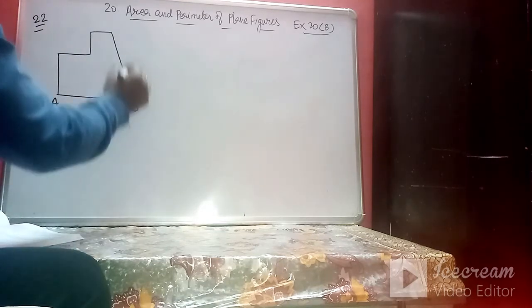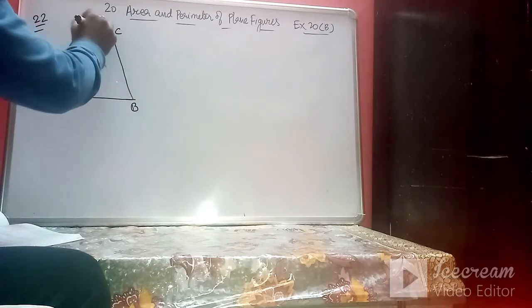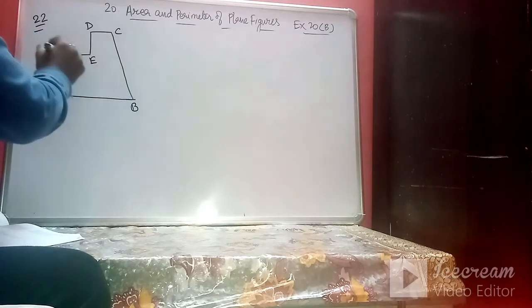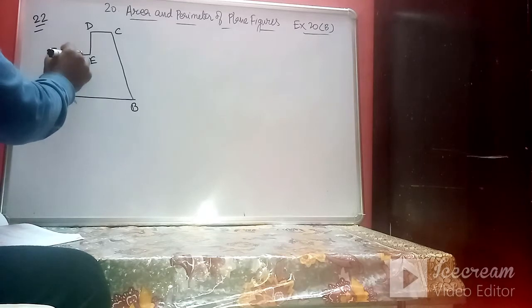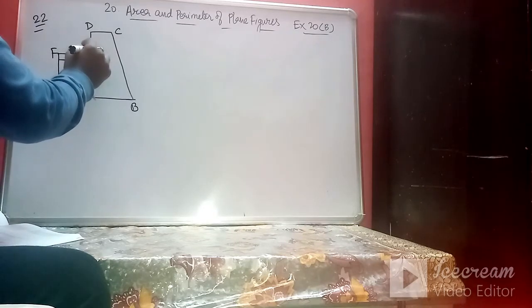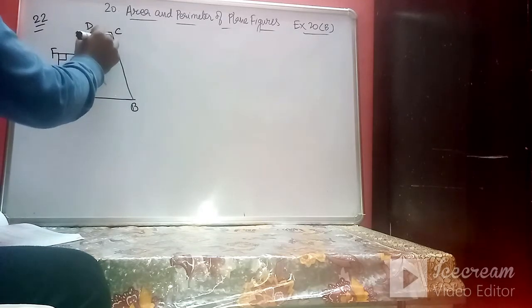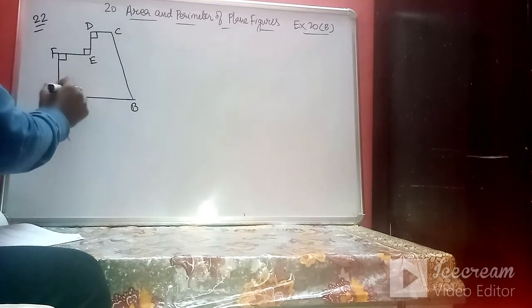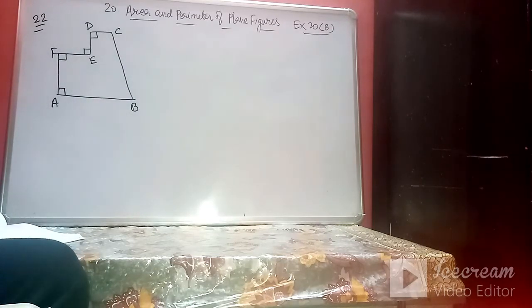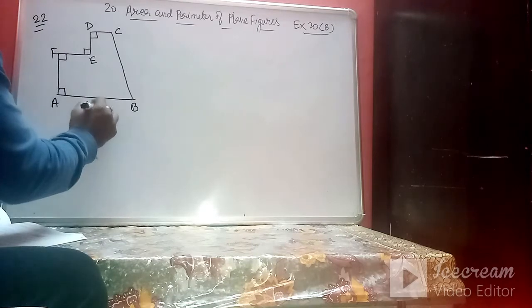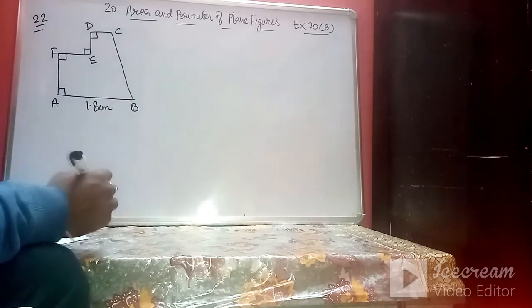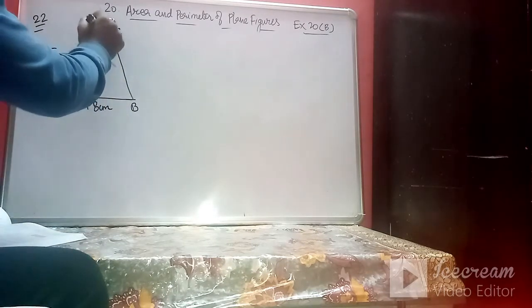A, B, C, D, E, F, and all these angles are 90 degree. Okay, so we have to find the area of this concrete structure. So AB is given as 1.8 centimeter. Let's mark the values. CD is 0.6.